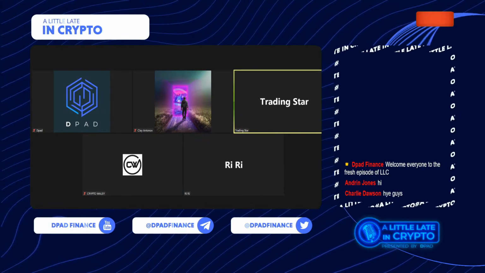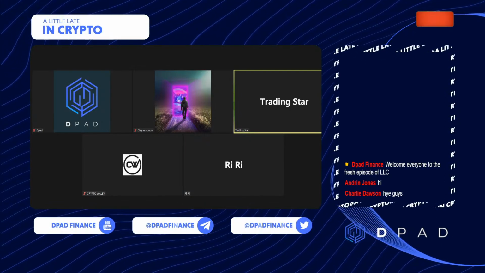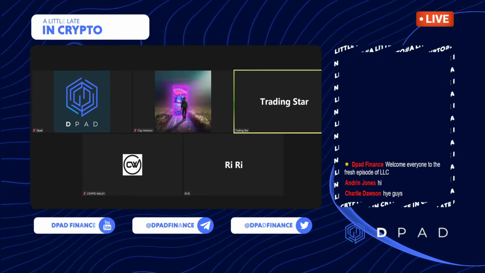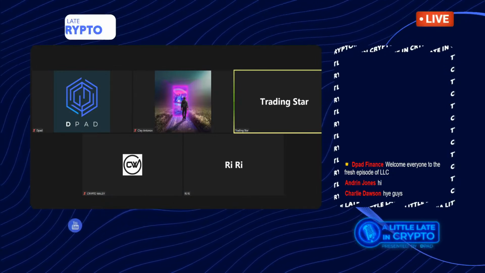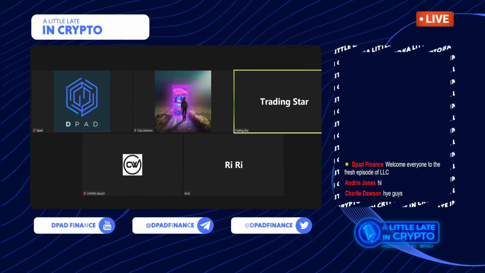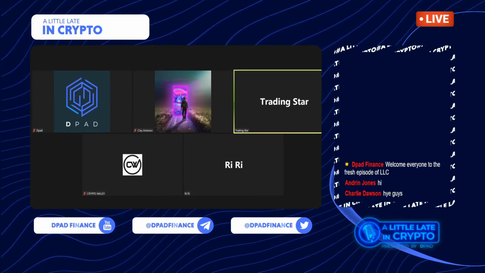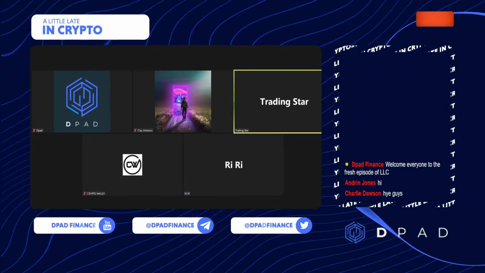So it's a mode of selecting a Launchpad. Since we have so many, 50 plus Launchpads, we cannot have tokens of all the Launchpads. How to select the Launchpad?